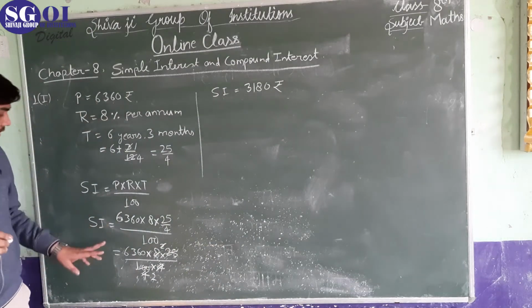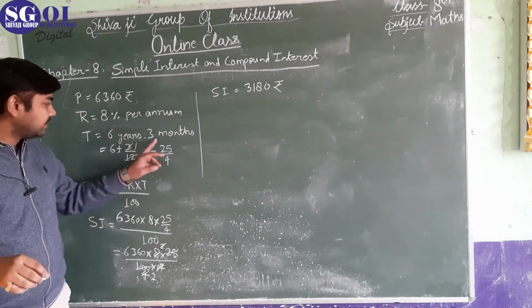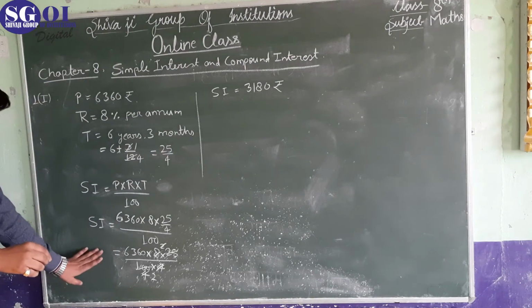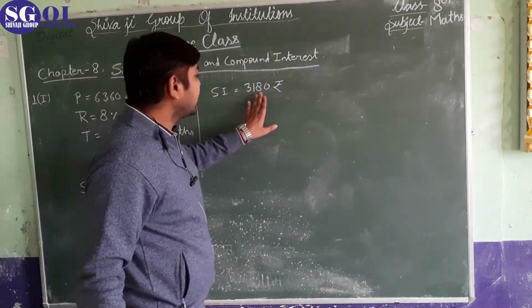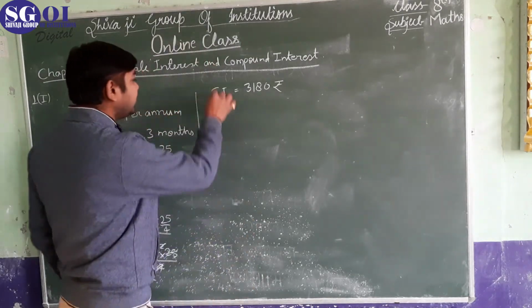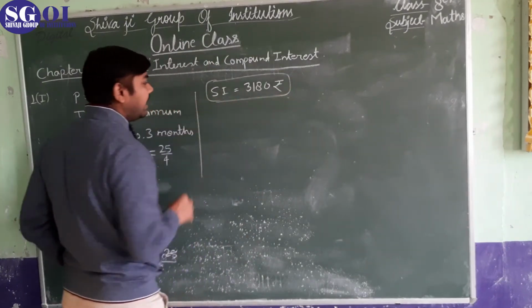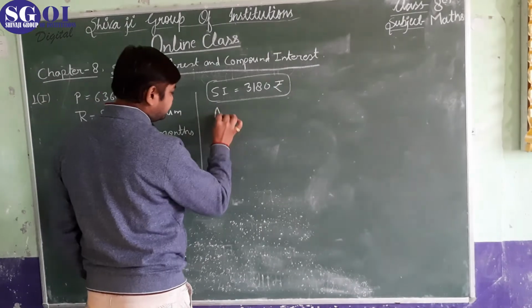For 6 years and 3 months, the total simple interest is 3180 rupees. So this is our first answer.